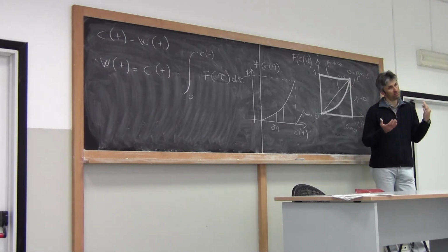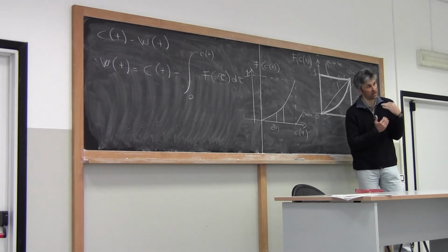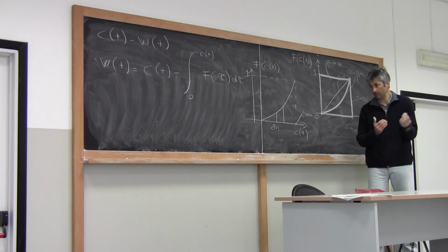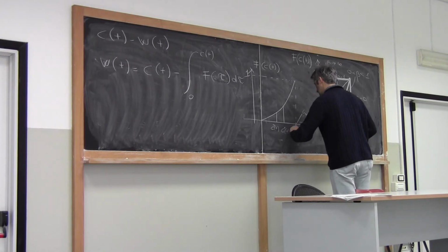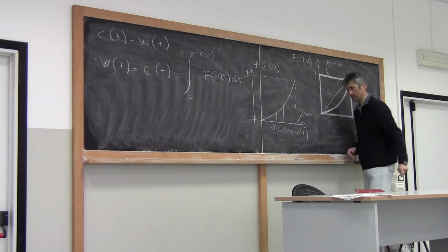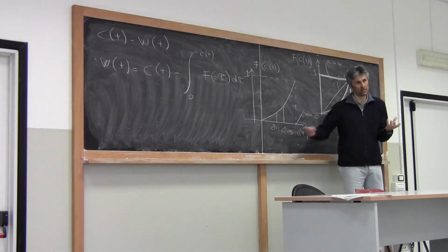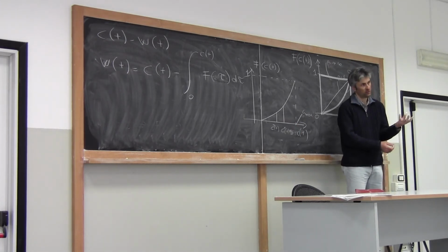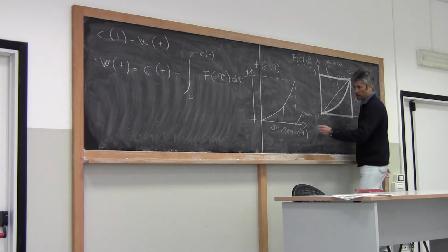Let me assume that if I increment the time infinitesimally, I get a value here, C star t plus delta C. So at this time instant, I have an increment of Ct, which is given by delta C, which of course I can draw here.